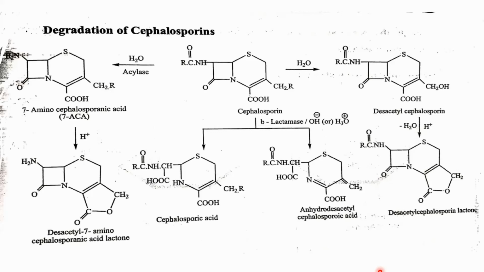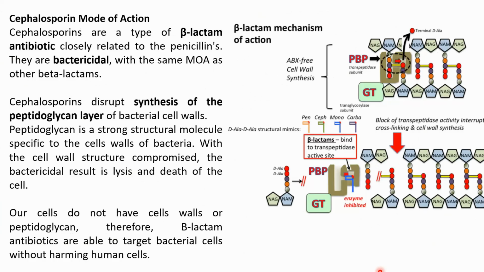On the screen you can see the cephalosporin in the presence of acylase enzyme will convert into 7-aminocephalosporanic acid, and simply in the presence of water it is converted into desacetylcephalosporin. In this way, the presence of different enzymes will break down this cephalosporin into different derivatives.